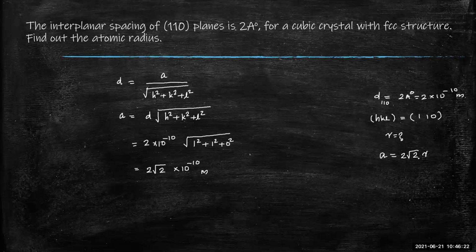Then if A is equal to 2 root 2 R, we can obtain R is equal to A divided by 2 root 2.